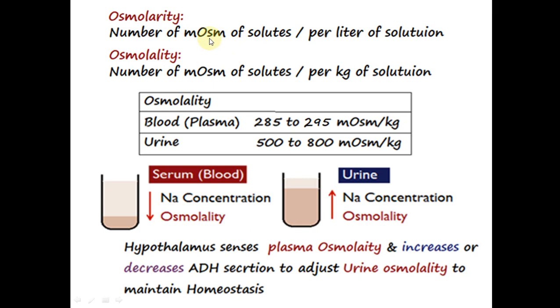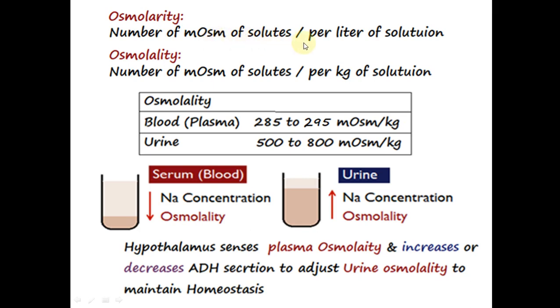We express the osmolarity and osmolality in terms of milliosmoles, that is, 1 osmole is equal to 1000 milliosmoles.